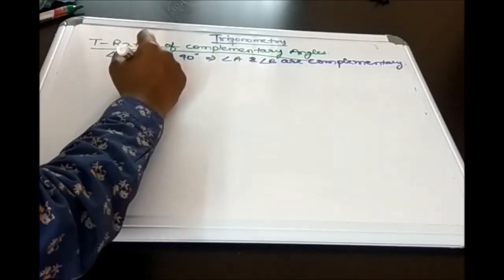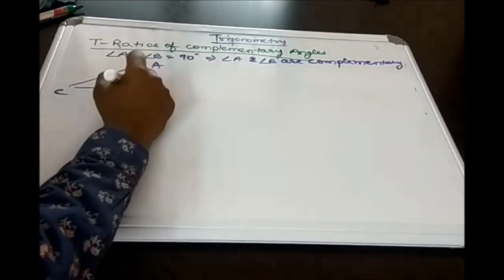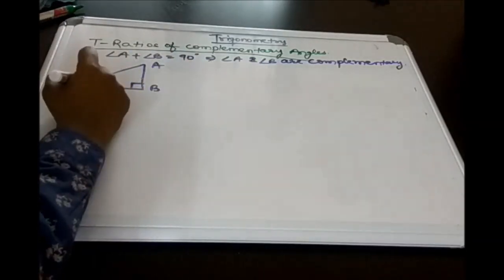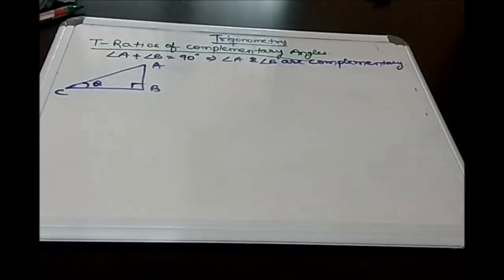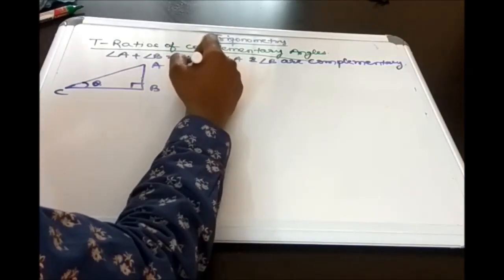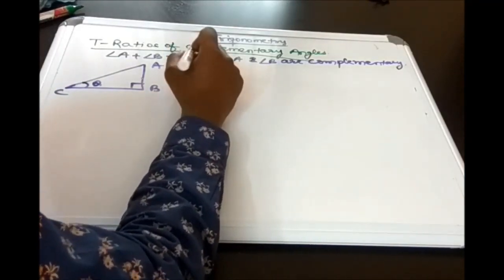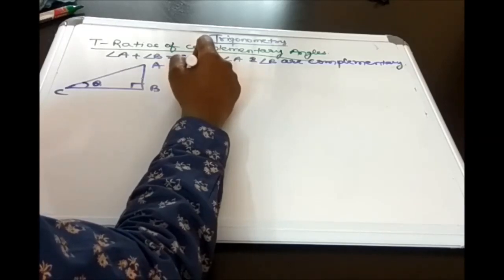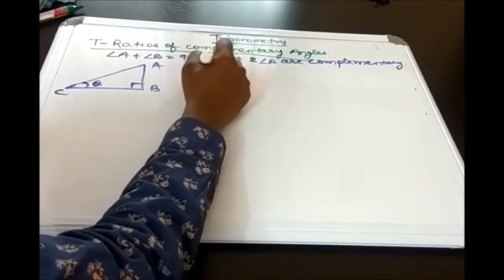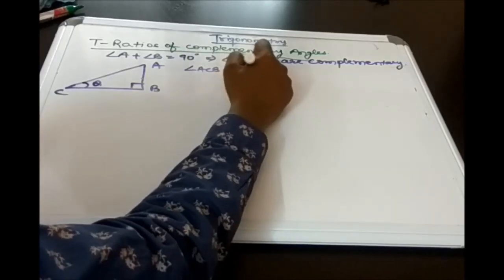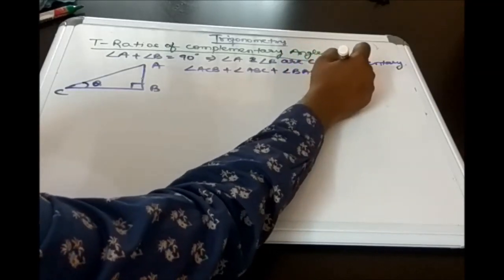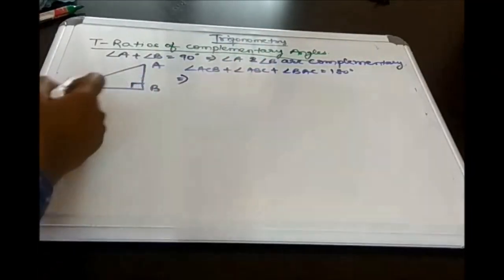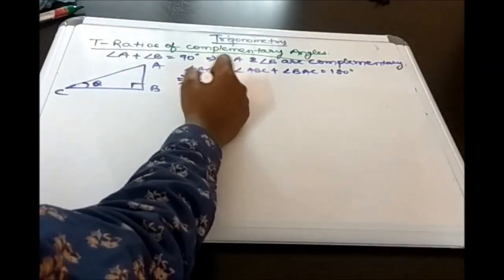First of all, we will draw a triangle. A right angle triangle in which angle B is 90 degree. Suppose C is theta. Angle ACB is theta. Now you are aware that the sum of all the angles of a triangle is 180 degree. Therefore, angle ACB plus angle ABC plus angle BAC equals 180 degree. Angle ACB we have already assumed to be theta.